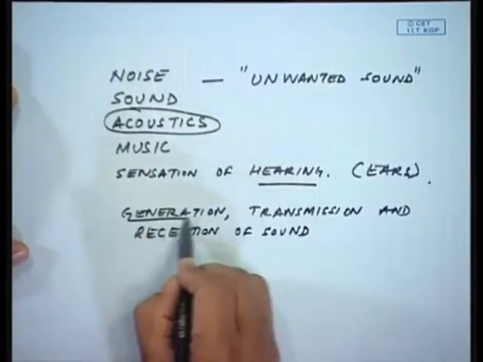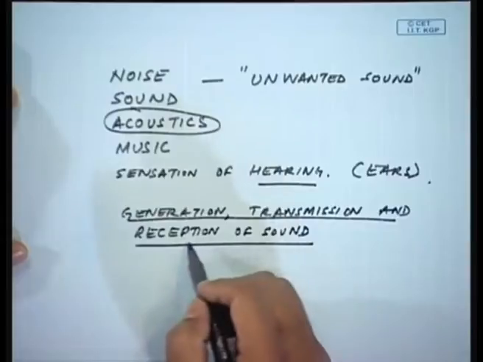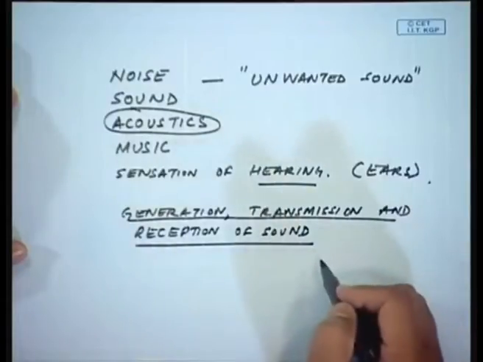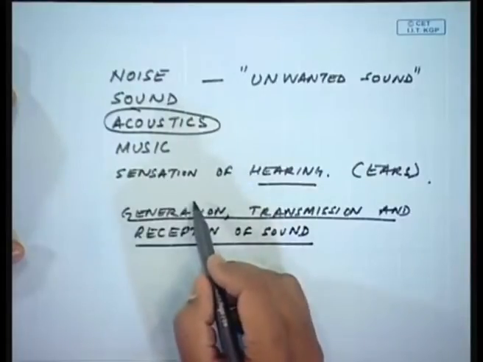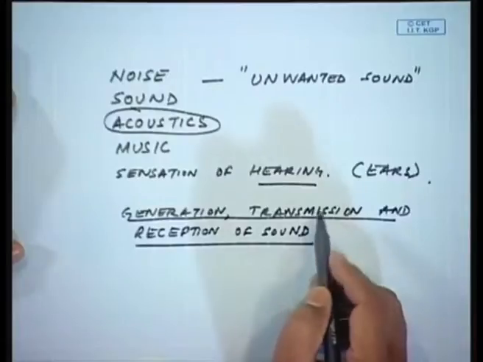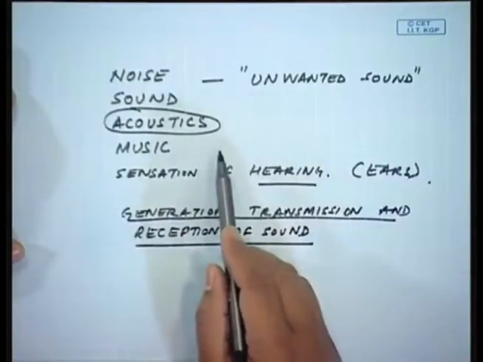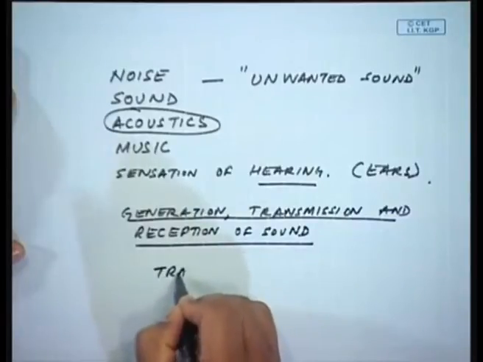So, this is the definition of acoustics. It is a science which deals with the generation, transmission and reception of sound. Okay. Now, generation means basically talking about the source, transmission means about the media, because this sound is basically because of a transfer of energy.